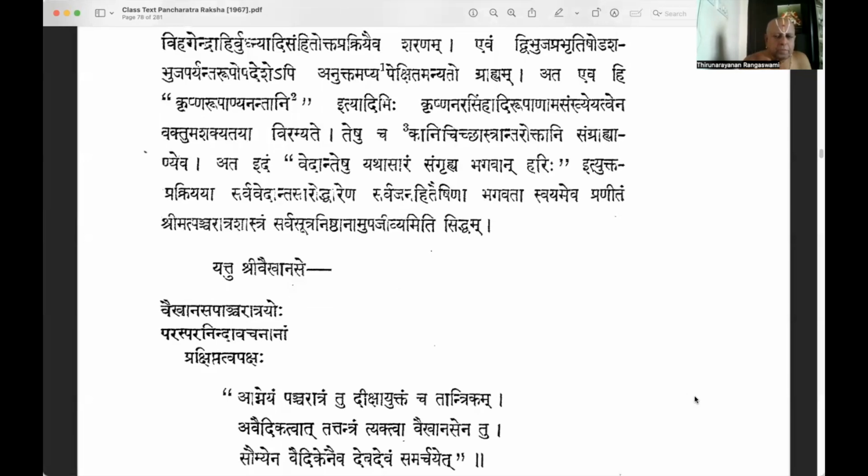Starting with two hands, dvibhuja, we must understand the temple figure, the divine figure, Divya Mangala Vigraha, has two hands. Or just like the Sudarshana Chakram, the wheel, the disc or discus, has got 16 hands.